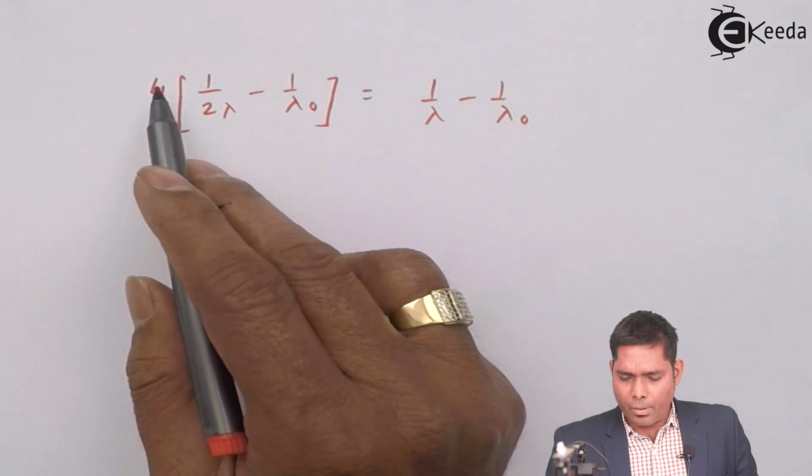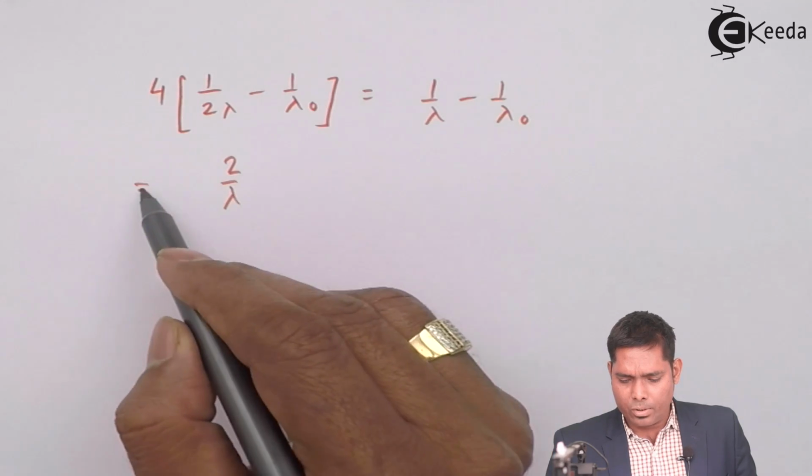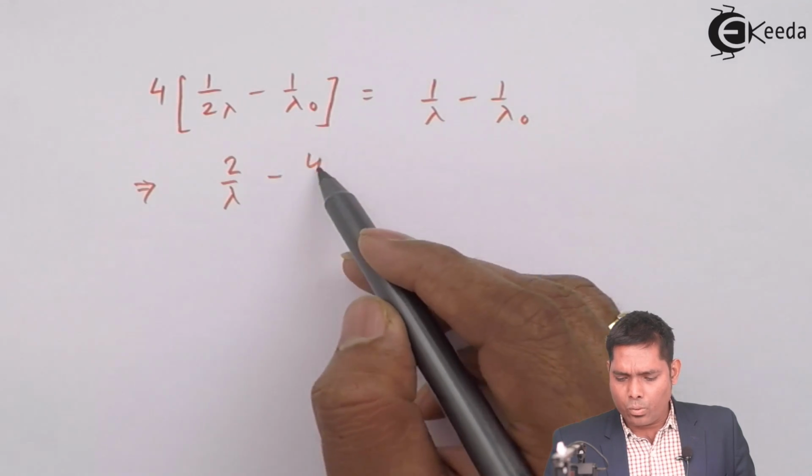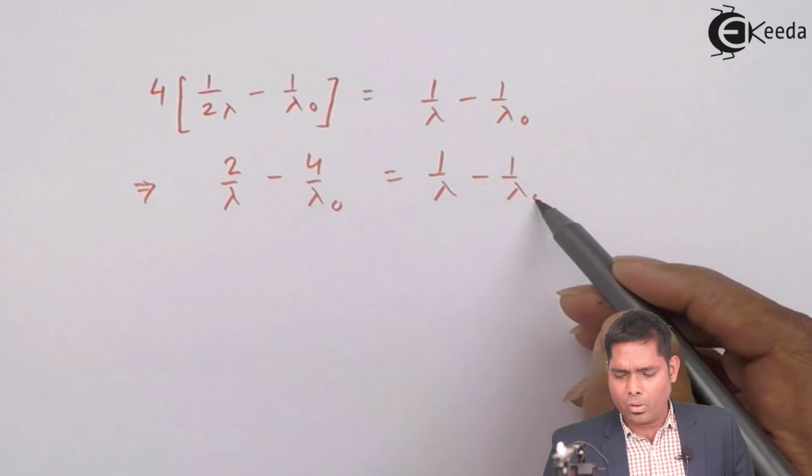If I solve this, multiplying the 4 throughout, this is 2 by lambda minus 4 over lambda naught equals 1 over lambda minus 1 over lambda naught.